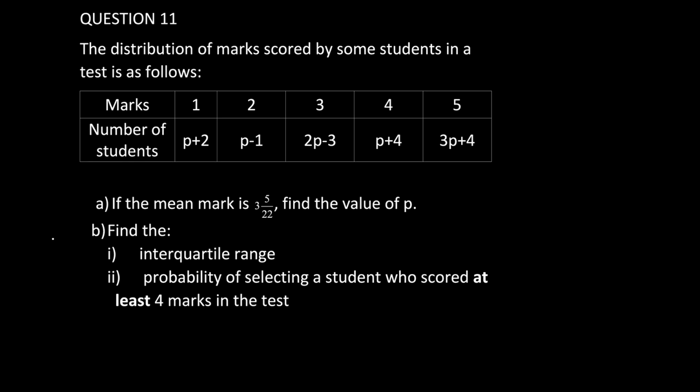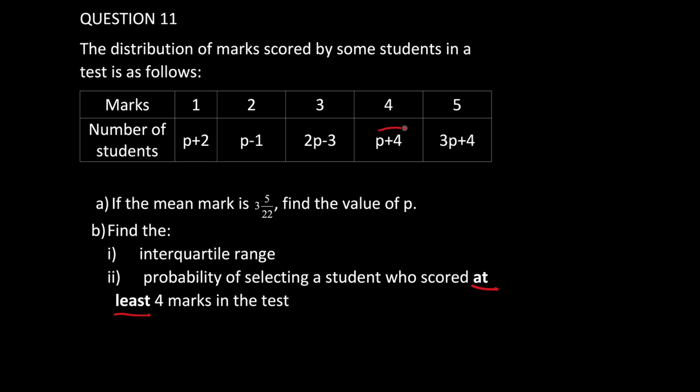Moving on to 11BII. It says, find the probability of selecting a student who scored at least, so emphasis on at least, 4 marks in the test. So this means you are finding the probability of students who scored 4 or more.